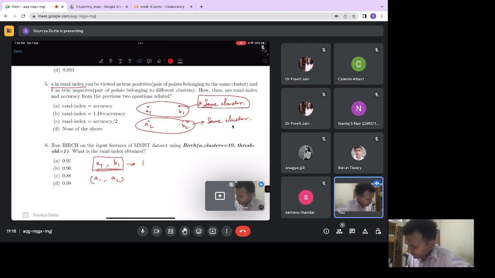You do the same thing here: if they belong to different clusters, you add 1. If they belong to the same cluster, you add 0, right? And in this way, for all NC2 pairs of points, you either add 1 or add 0 to your numerator and divide that by NC2. So this is your summation which I talked about, and you divide by the total number of pairs that you could have chosen from the entire data set, and that becomes your RAND index.